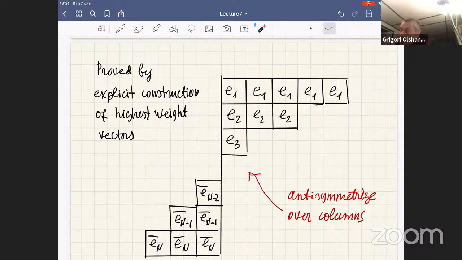And again, one can see that such a vector, due to this anti-symmetrization, is killed by the raising operators. But here the raising operators operate as raising, and here, because of this structure, they operate as lowering operators.